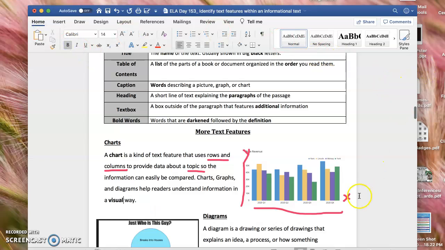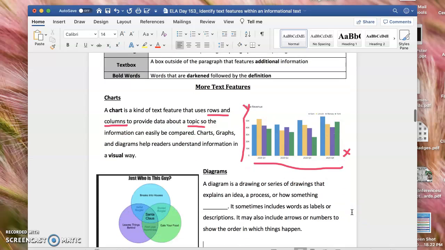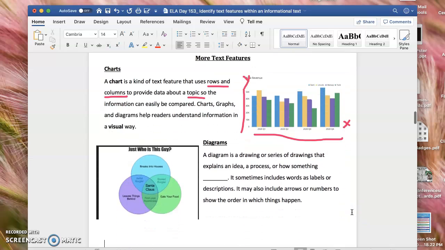Okay? Alright, and then a diagram is similar to a chart except it doesn't really give numbers. Charts give us numbers and data. Diagrams give us words and kind of explain things a little bit more. So a diagram is a drawing or a series of drawings that explains an idea, a process, or how something works.